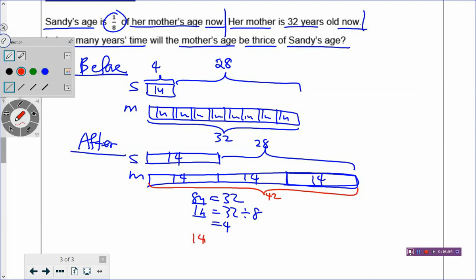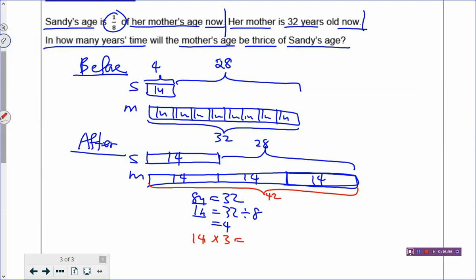So the mother is 42 years old in the future, which is, we don't know how many years' time. But how old is the mother now? The mother is 32 years old now. Then how many years later will the mother be 42 years old? So you take 42 minus 32, and that will give you 10 years' time. Right? So in 10 years' time, the mother will be 3 times as old as Sandy.